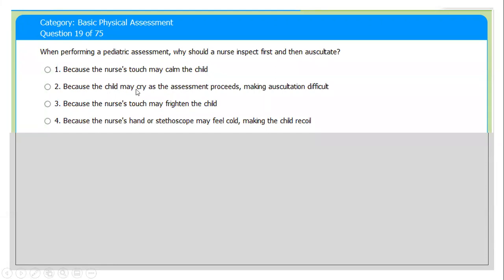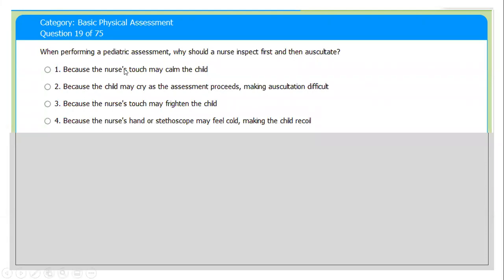Number two, because the child may cry during the assessment procedure, making auscultation difficult. Number three, because the nurse's touch may frighten the child. Number four, because the nurse's hands or stethoscope may feel cold, making the child recoil. So this is the reason we try to keep it at room temperature, so it will not be cold.